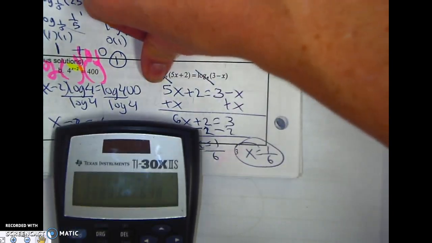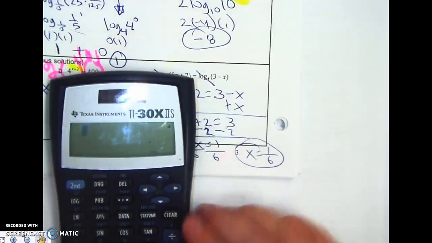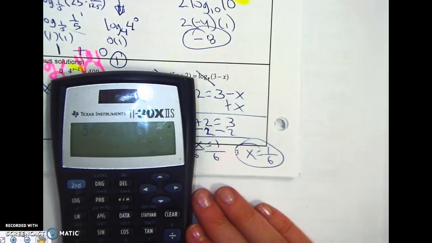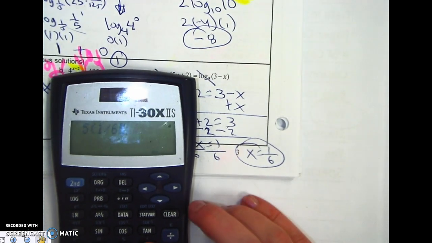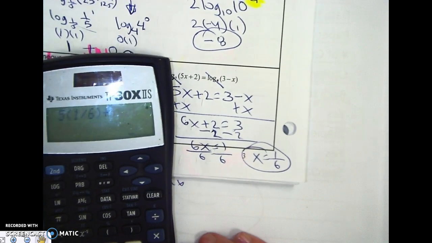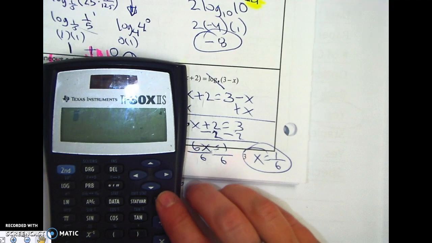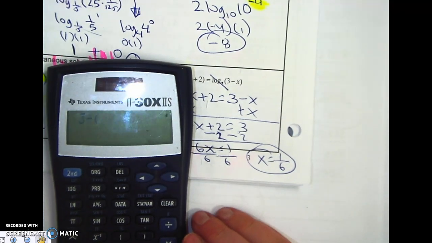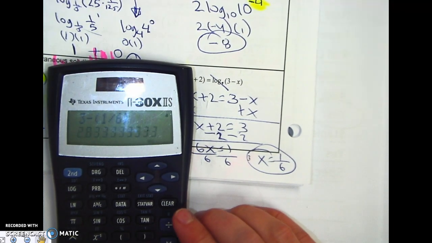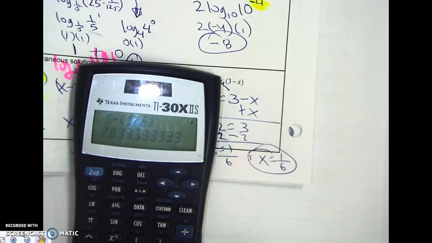So I could ignore the logs and just focus on the 5x plus 2. So I can go 5 parentheses times 1/6 and then add 2, and I get 2.83 on the left. And then if I go 3 minus parentheses 1 divided by 6, I get the same value. So now I know that I'm good to go.